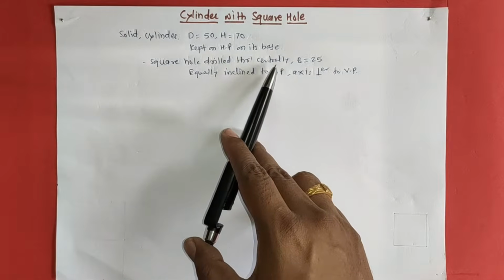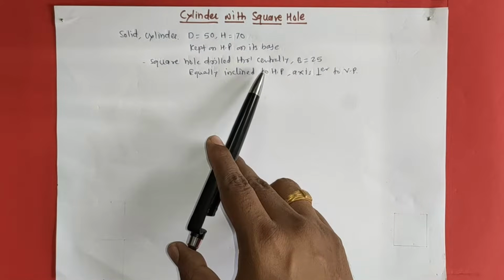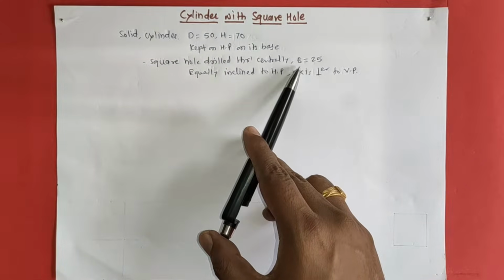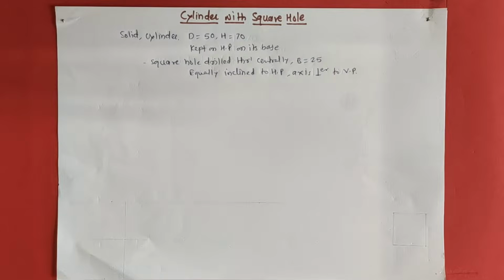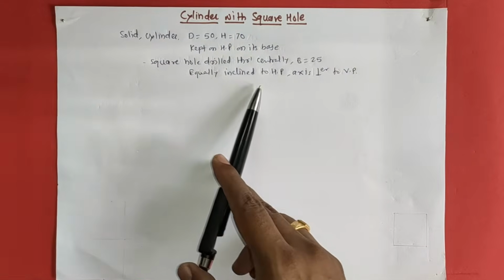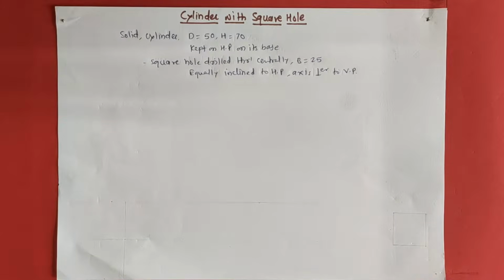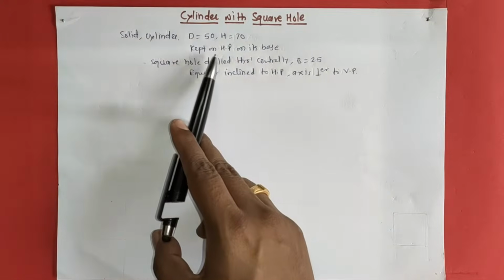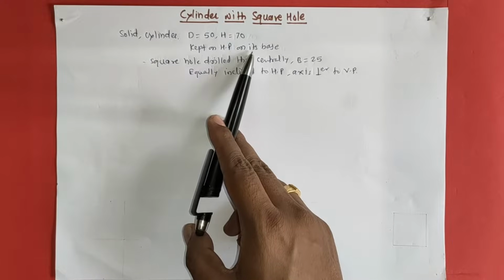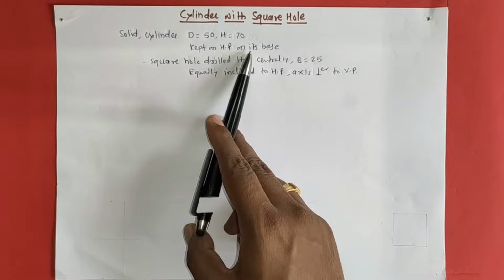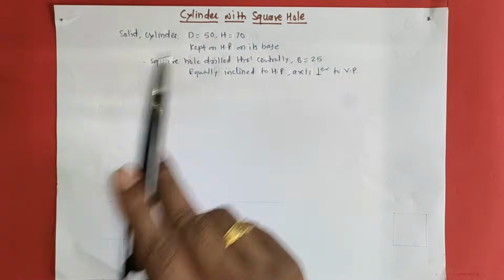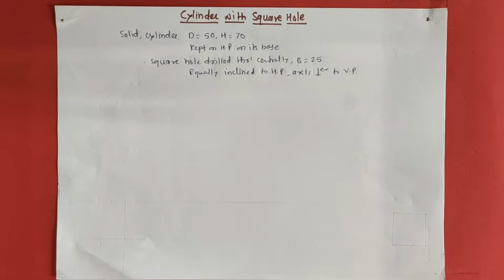Next, a square hole is drilled through it centrally, having side 25 mm, and the hole is equally inclined to HP and axis parallel to VP. Now see what to draw first, front view or top view. As the cylinder is kept on HP on its base, we are going to see its base, that is a circle, in top view. So we have to draw the circle first in top view.